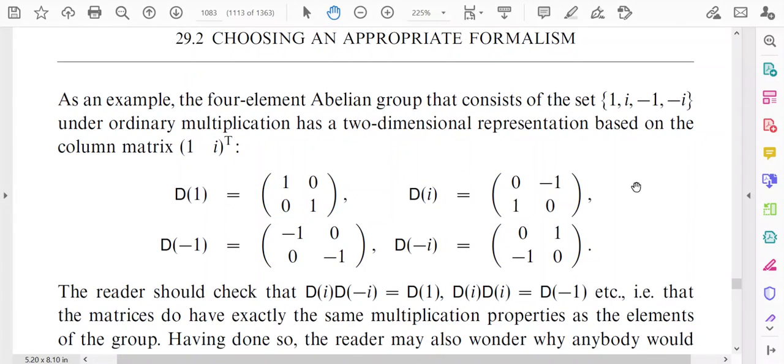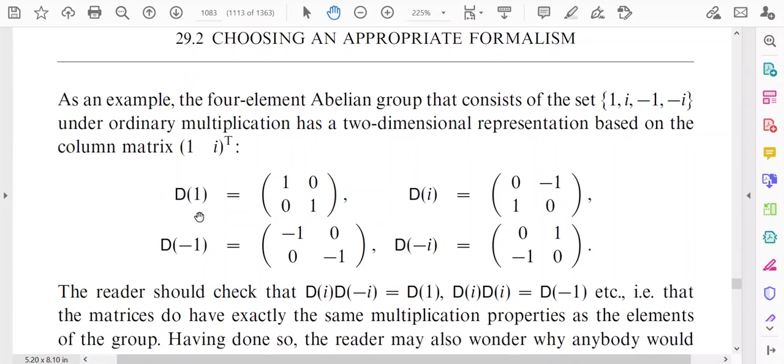For example, suppose you have to find the representative matrix D for each of the elements of this particular group. If you have understood the above two examples, then you can easily calculate the representative matrices for each of the elements of this group.